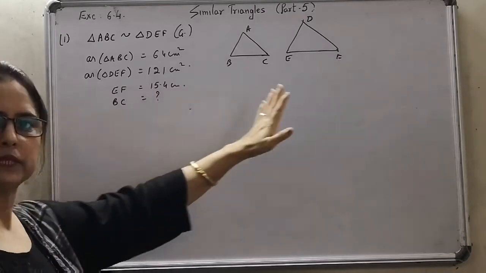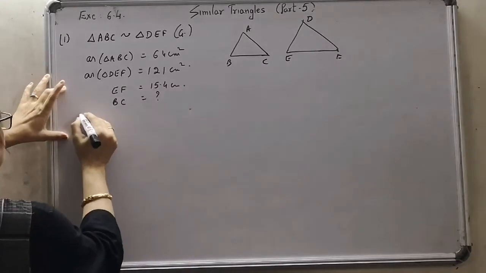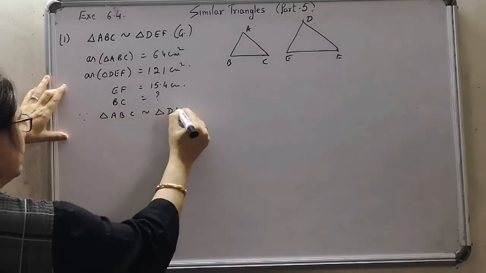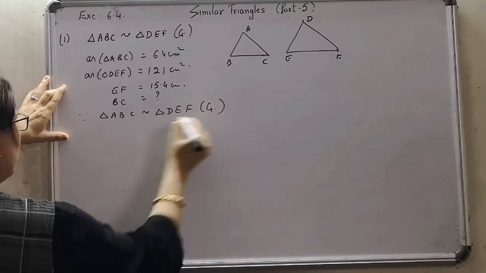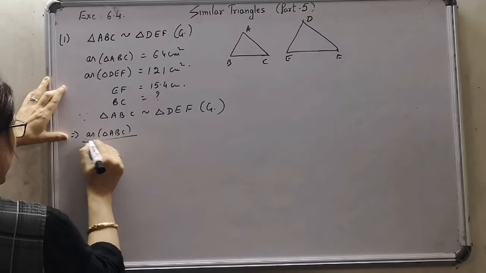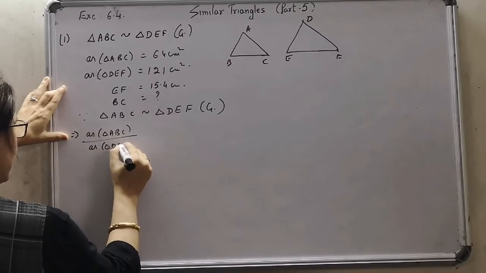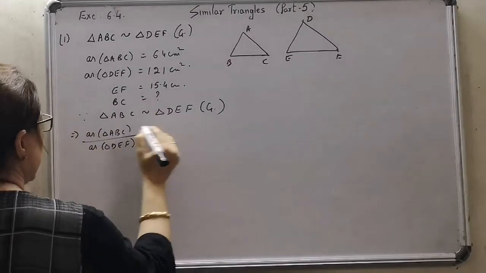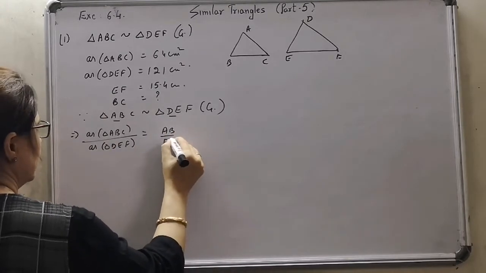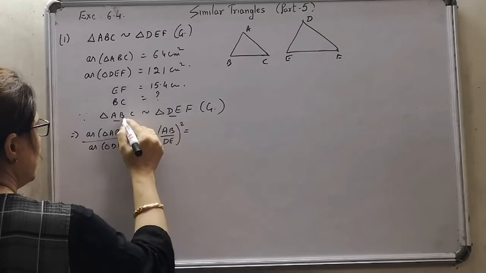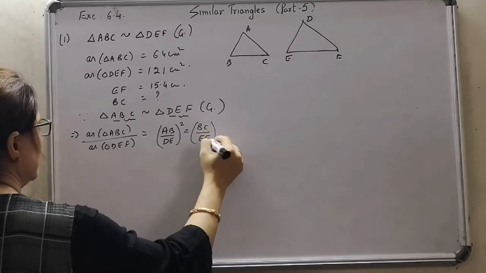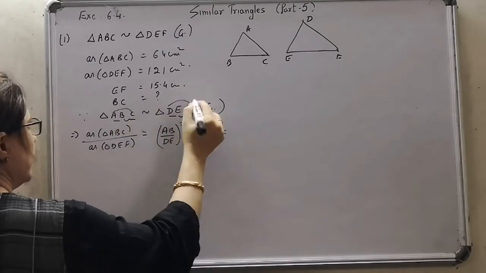Now let's see how the property can be applied. Since triangle ABC is similar to triangle DEF by given, therefore this implies area of triangle ABC upon area of triangle DEF is equal to AB upon DE whole square is equal to BC upon EF whole square is equal to AC upon DF whole square.